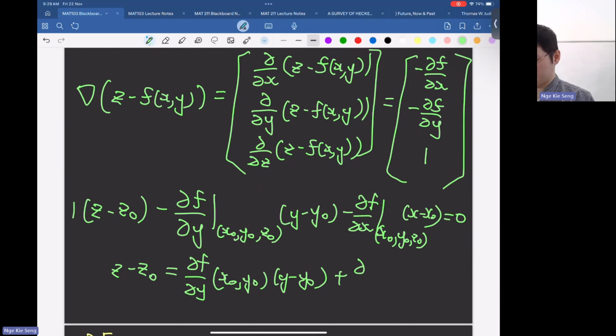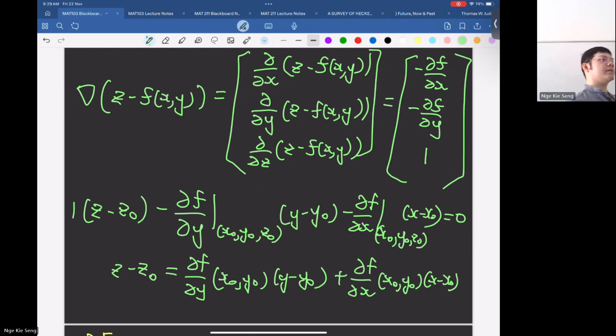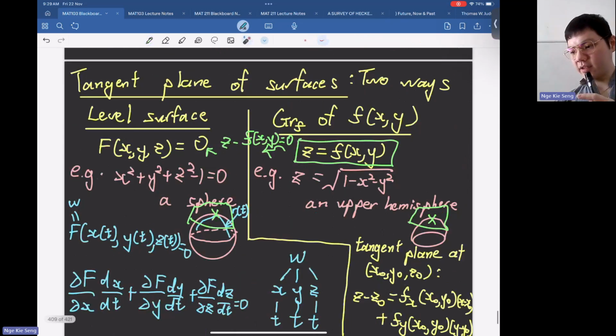Okay, can you see it? Okay, so we can use the tangent plane of a level surface to deduce the tangent plane of any graph of a function of two variables. Because level surface is more general. Function has a restriction, right?